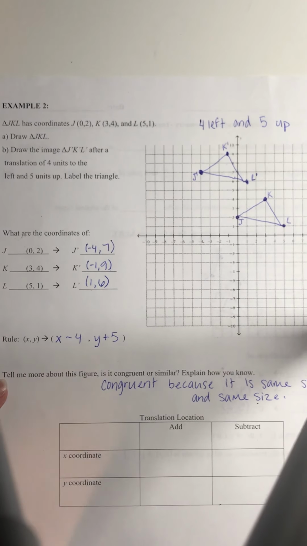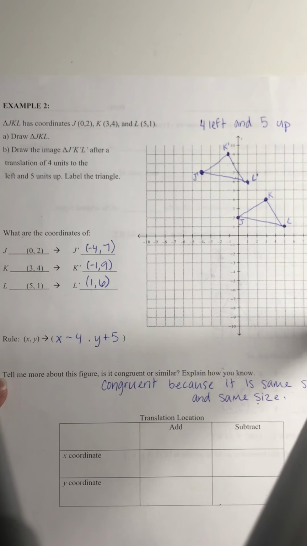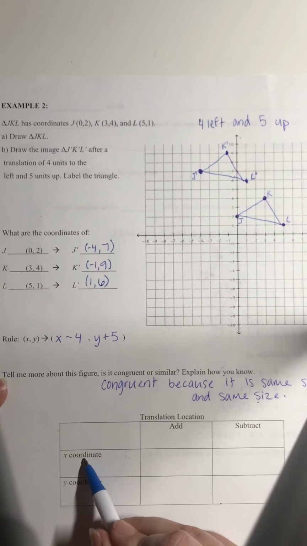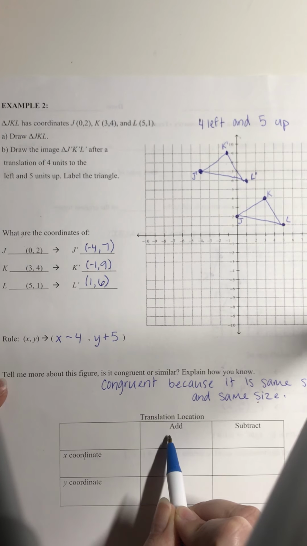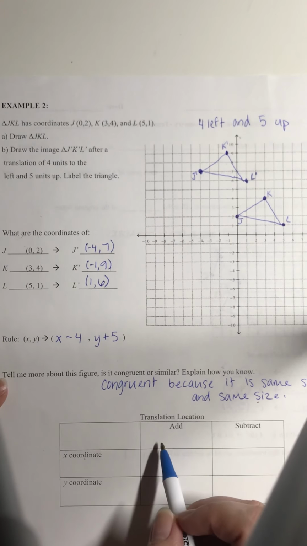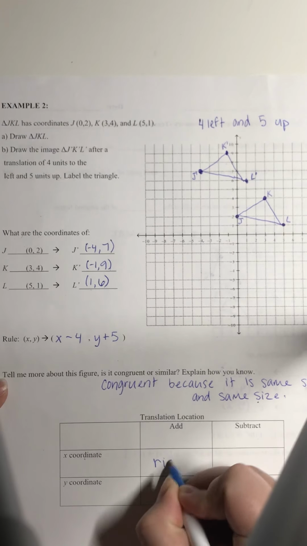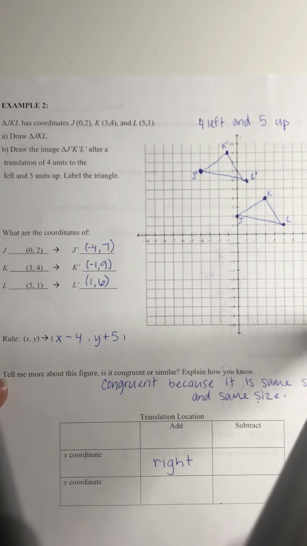All right, so let's look at our rule down here. The translation location. If your x-coordinate is adding, then you're going to go to the right. What do I mean by that?